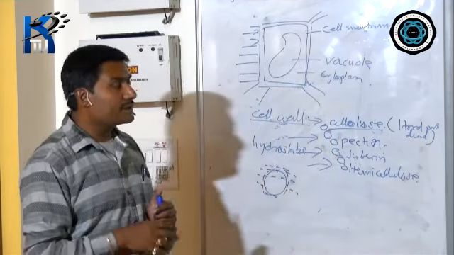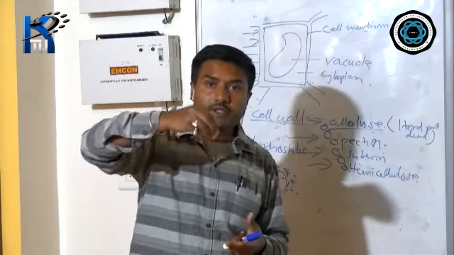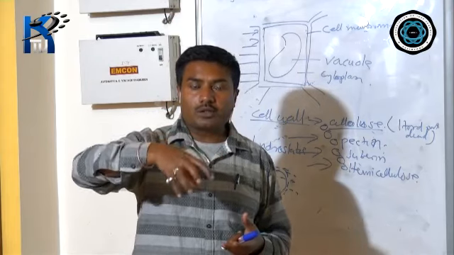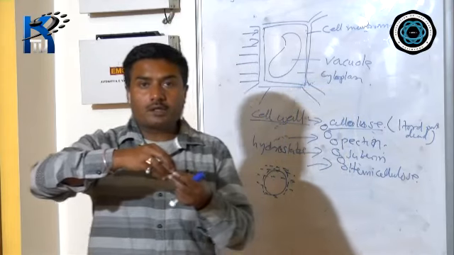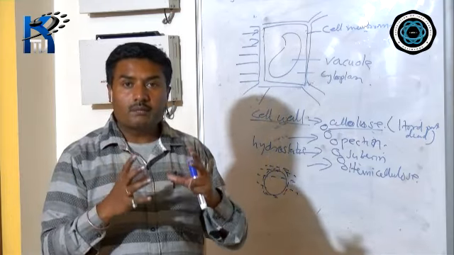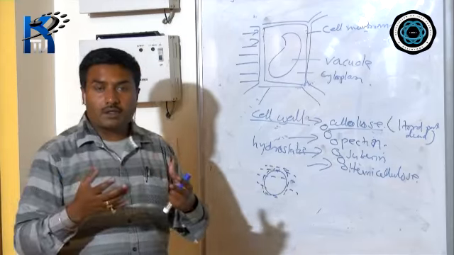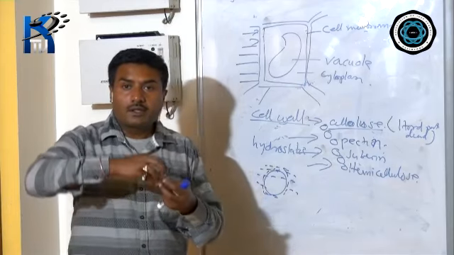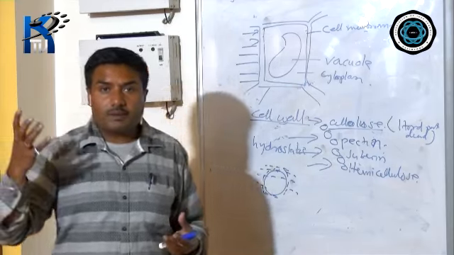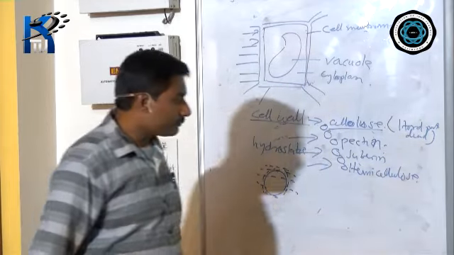Similarly, whenever seeds are put into a container, and water or moisture is present inside, automatically the lid gets opened. These are all due to imbibition. Imbibition results in pressure, and due to that the lid gets open. These are some of the phenomena that happen due to imbibition.